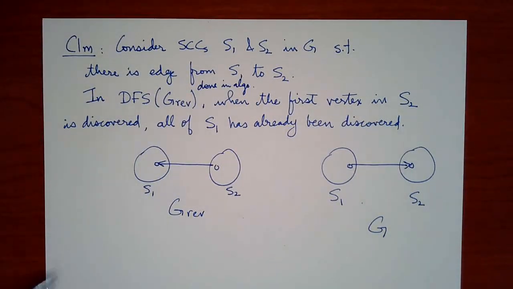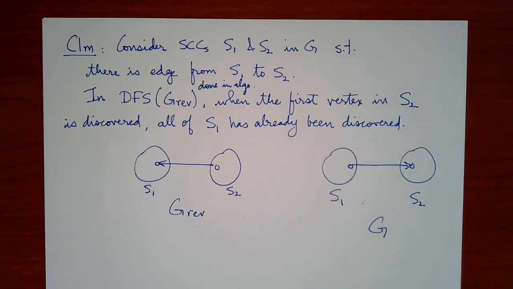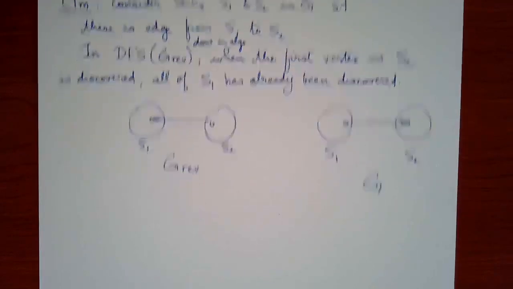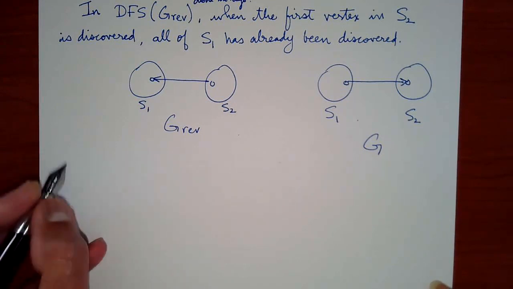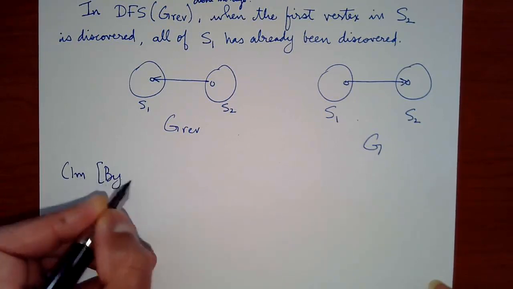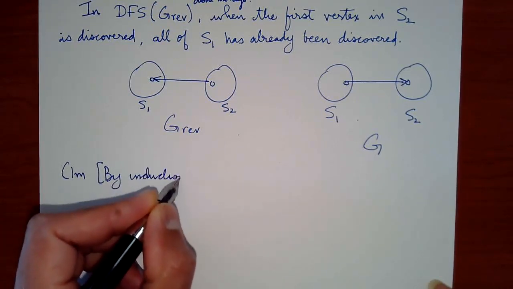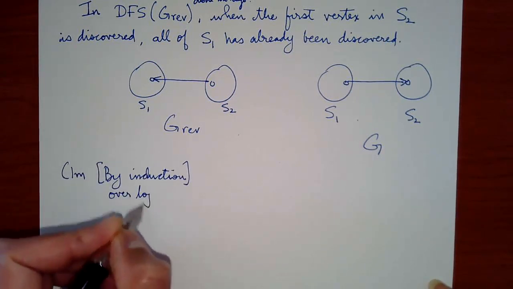And so essentially, this is like the key claim. There are multiple ways of doing this. I'm not going to write out the entire proofs because we don't have much time left. But let me just say that another way of proving this is by induction over the topological ordering.